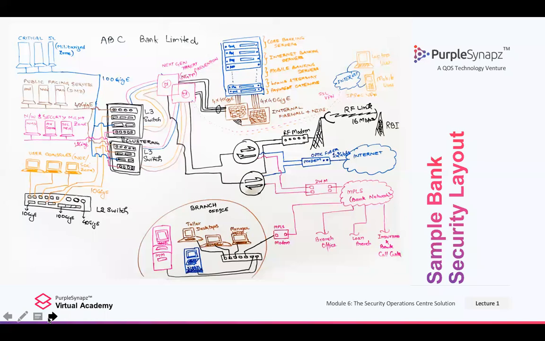The block is shown in pink text. Now this gets connected to those routers which interface this infrastructure to the external world of MPLS, internet and all that. Now all this is like a real bank.